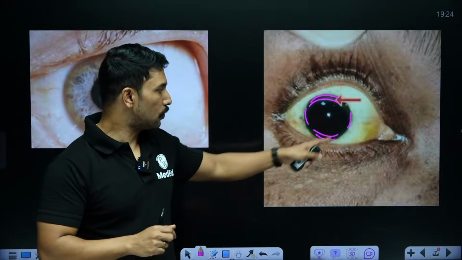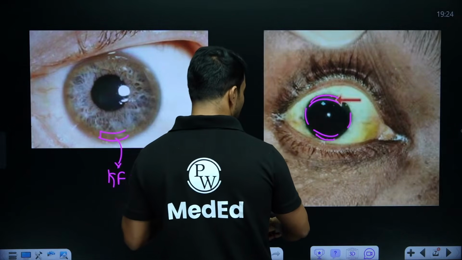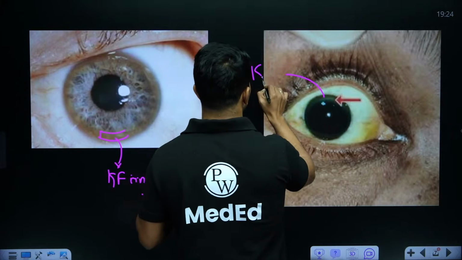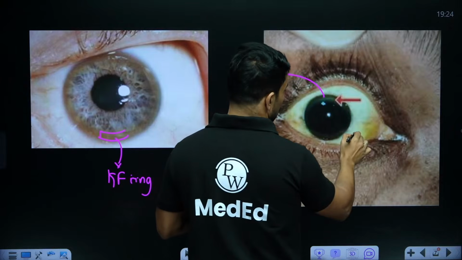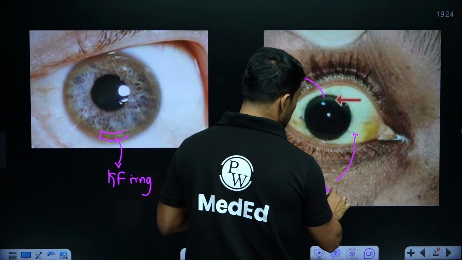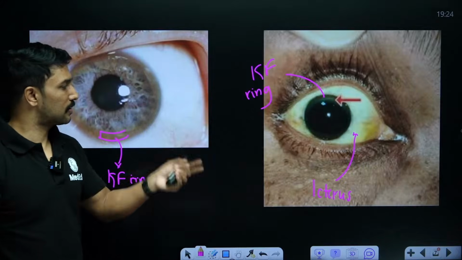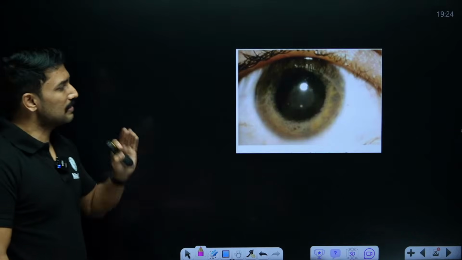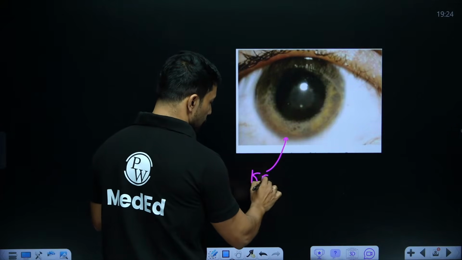As more and more copper deposition happens, the limbus starts expanding and completes the circle. In this image, you also notice that there is icterus. So there is a KF ring at the limbus, and this patient also has a yellowish tinge, meaning there is icterus. That means this patient already has liver involvement, showing signs of liver failure. Now in this image, you can notice a KF ring, this brownish ring.